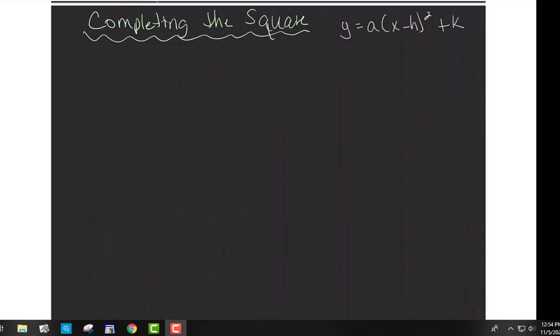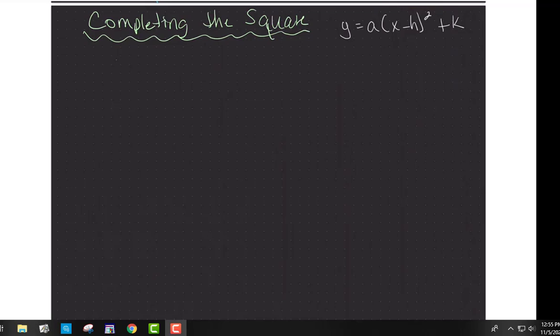So when they talk about completing the square, this is that piece that's being squared, right? So ultimately you're completing this little piece. You're figuring out that little part that's being squared. And once we figure out that little part that's being squared, we've officially completed the square. And then we're in this little form. It tells us our h and our k, which tells us what our vertex is, right?